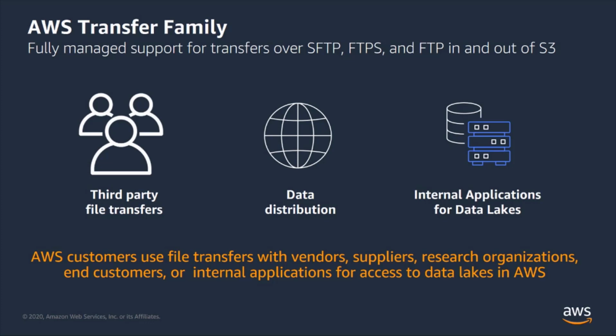This is particularly useful for customers that need to interface with third parties and don't want to grant access directly to their S3 buckets. It's also particularly useful for customers who want to distribute data out to customers or perhaps partner entities. We see a lot of uptake in financial services and healthcare where secure transfer is extremely important.